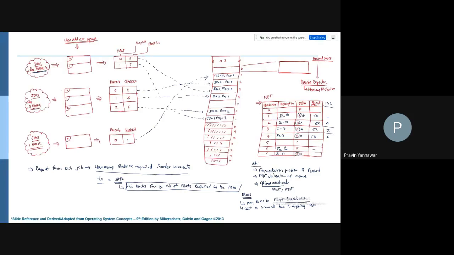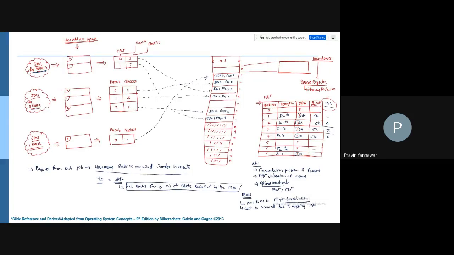It is irrelevant whether they are contiguous or non-contiguous, because we have a reference here that is called a link.